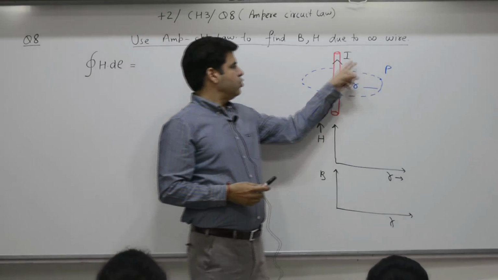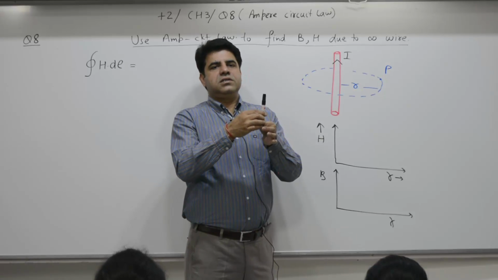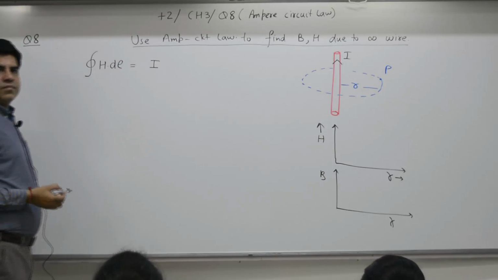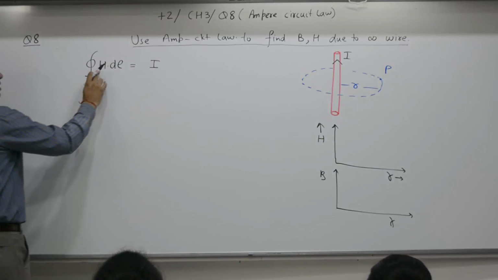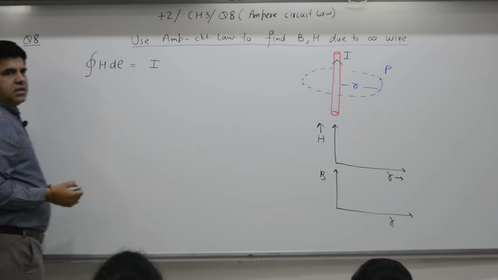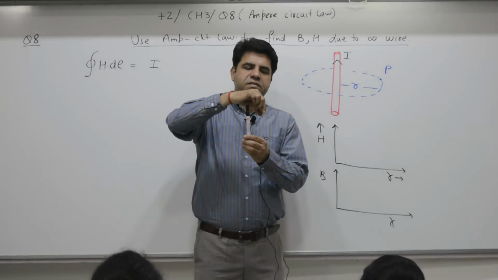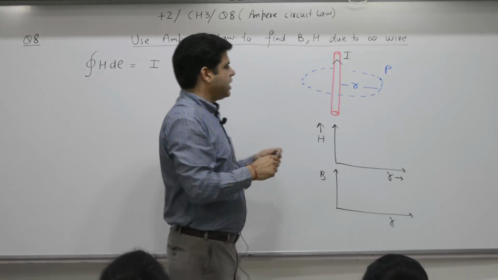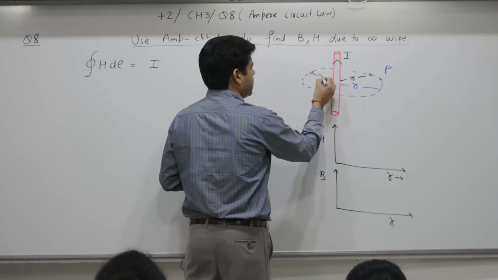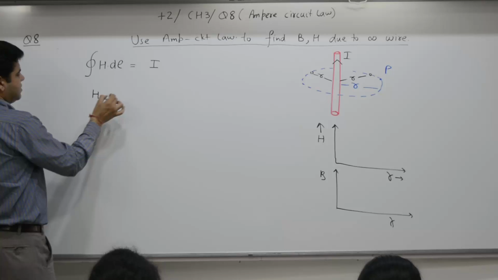In this blue color loop, what is the total current contained? I. This is only the magnitude analysis, the direction we know. H remains the same or different? At distance R, all these points are at the same distance R. That is why the value of H remains the same.